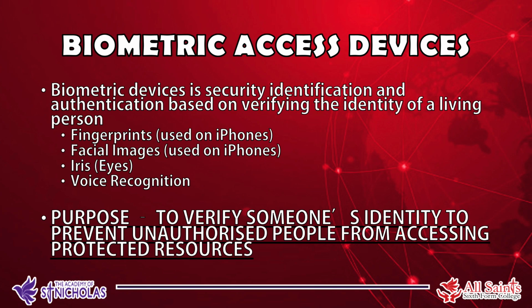An iPhone uses fingerprints and facial ID. It also uses voice recognition when you say the words, "Hey Siri." I hope my phone doesn't start now. This is just to make sure that you can prove that you are the identified person to use that database or to use that phone or to use that computer system, whatever you're trying to get onto.